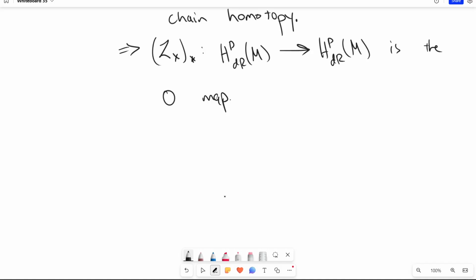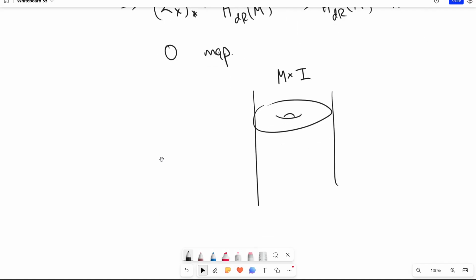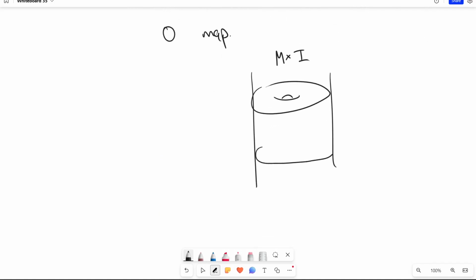That when we have a homotopy that is the flow along some vector field, let me draw some sort of picture. Let's say we have the manifold. This picture will come up later. We have a manifold, and then we have the interval I. And so we're crossing maybe the torus, for example.